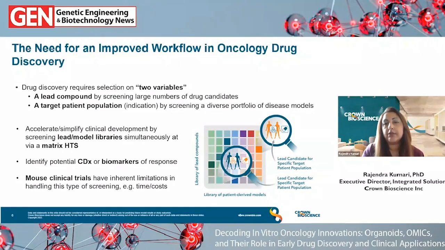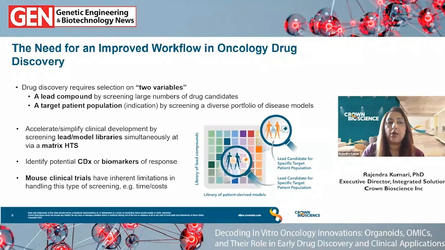Now, a drug discovery workflow to screen both variables at an early stage of drug discovery will provide great improvements in potential biomarker identification and eventually improve the agents that are entering the clinic.